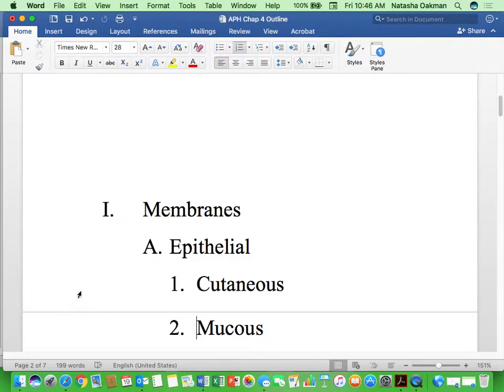Your lungs have to stay moist for gas exchange to occur. Some parts of the digestive system secrete things that help to lubricate. So they all secrete some kind of mucus.